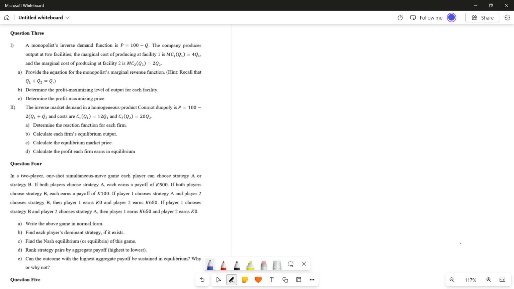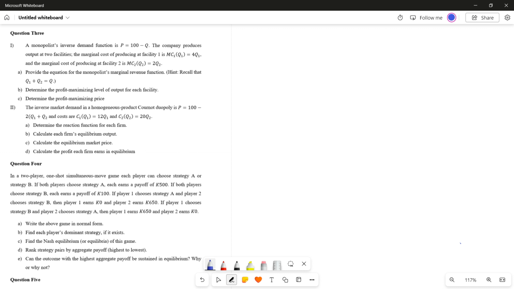Okay, yeah. So you have the inverse market demand in a homogeneous product Cournot duopoly. So it's the same logic as you can see. We're still dealing with an inverse demand, but please, word of caution. There are times when they will just give us a normal demand function, the one that starts with Q. And then they'll ask us to do this same thing here, to get the reaction function and the like.